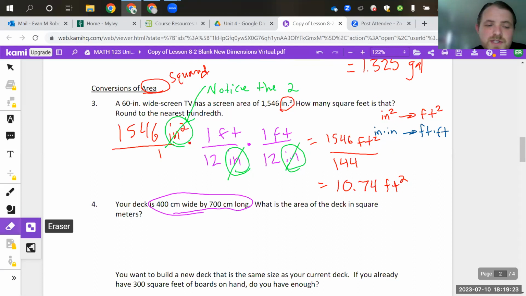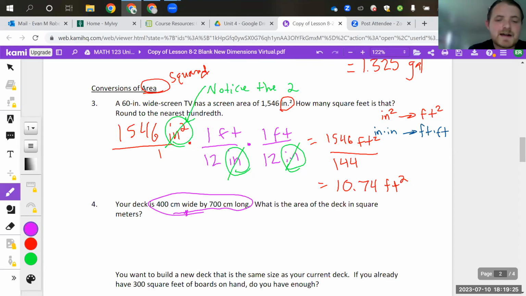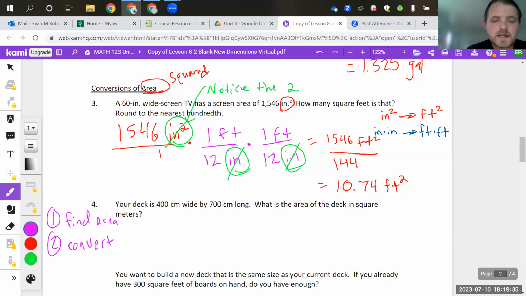And so I would rather just find the area first and then convert. Okay, so whatever random unit you're given, I personally would find the area first and then convert it using the process like in number 3.